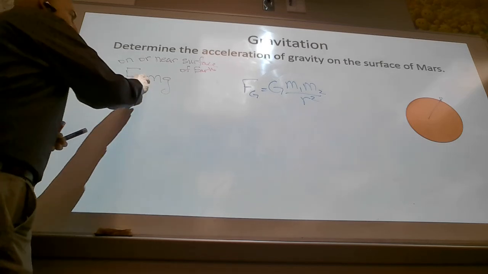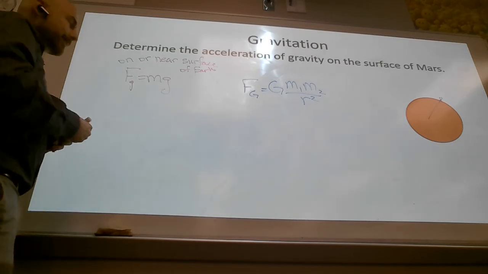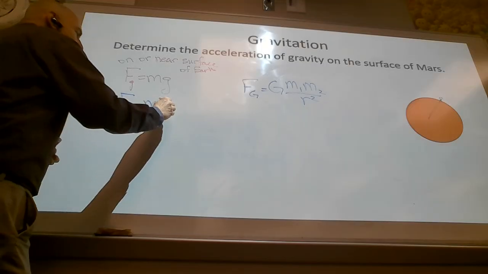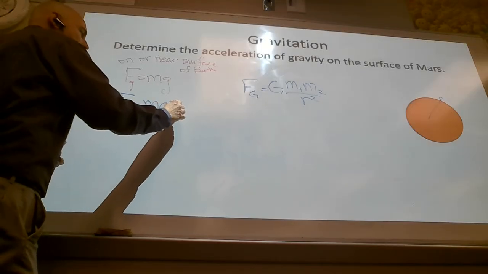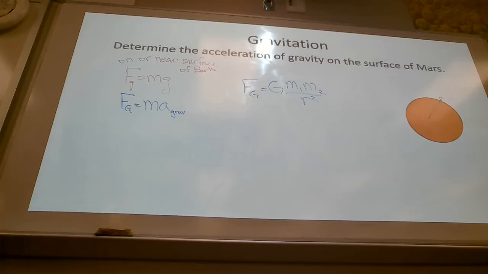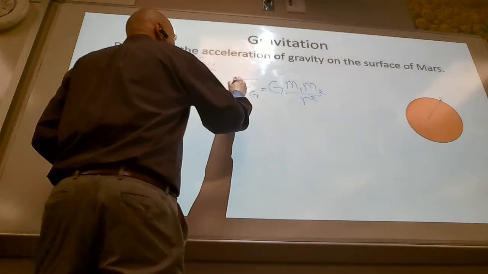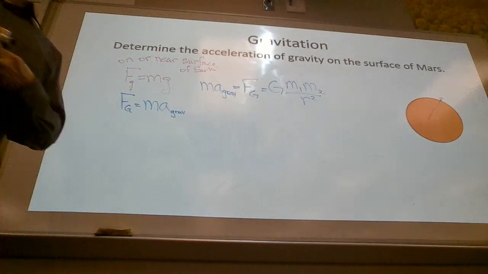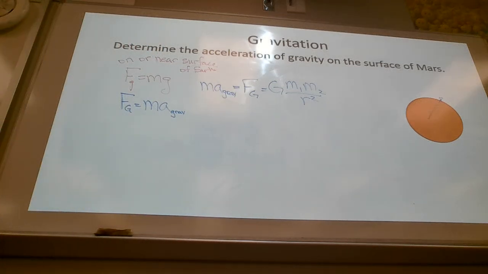I can have a similar one, so I've got mass times 9.8, which is the acceleration of gravity. I can have the same format, and I'm not going to call this G, I'm just going to call this acceleration of gravity in a general sense, anywhere. You all right with that? And I'm going to set that up equal to that. Good with that?